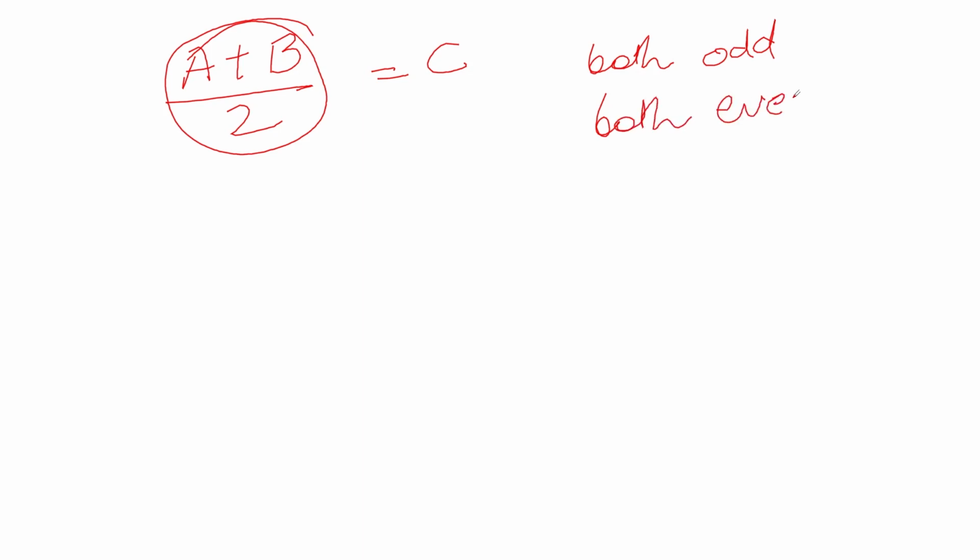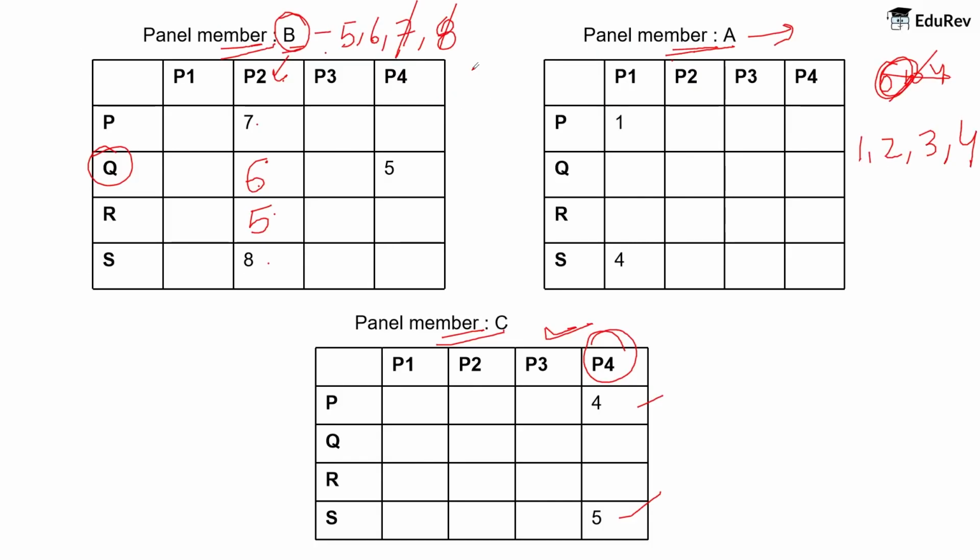If one is odd and one is even, the sum will come out to be odd, and dividing by 2 will give you a decimal number. But if both are odd or both are even, they will add up to an even number, and the average will also be an integer. So this is an important piece of information.